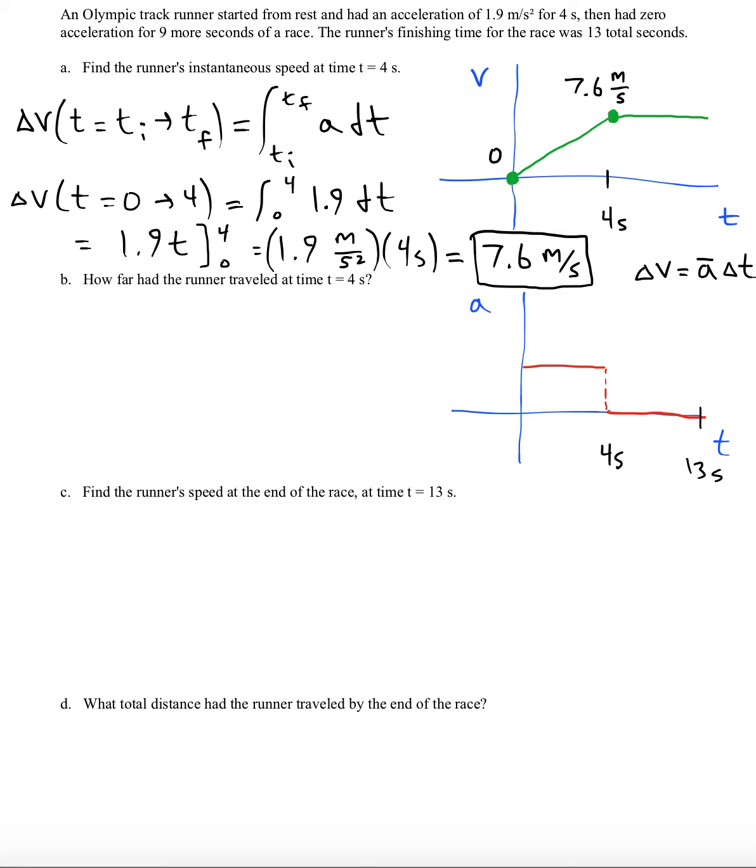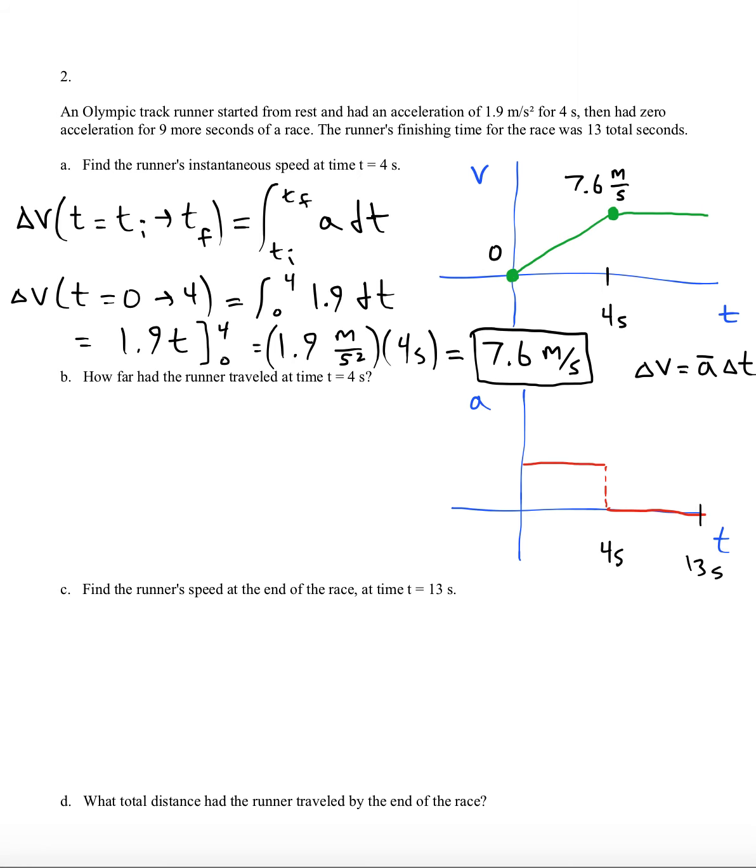Now let's figure out how far the runner had traveled in 4 seconds. Okay, so for that, since it asks about distance, we'd like to create one more graph.